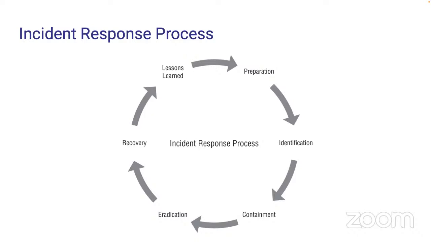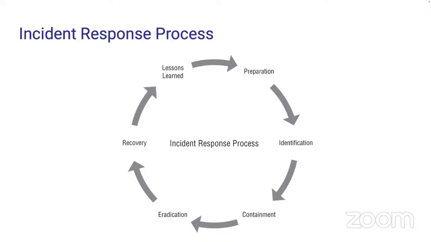In identification, you're looking at events to identify incidents, like looking at logs, indicators of compromise, looking at tools. In containment is when we're responding to an incident. In eradication, we remove any artifacts associated. We rebuild and restore whatever system was affected.